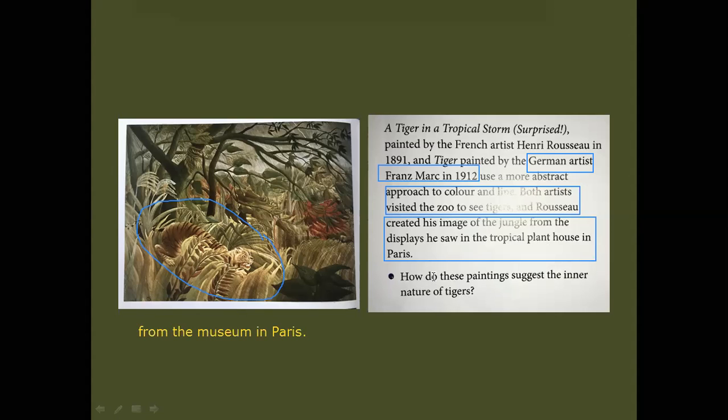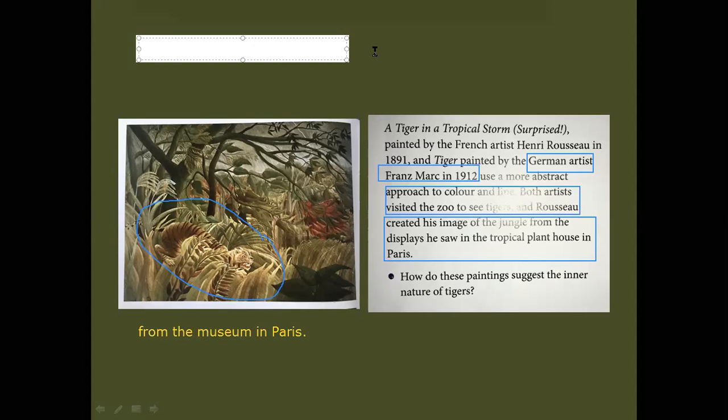So my question is, how do these paintings suggest the inner nature of tigers? That means natural behavior while they are in nature. How could you express that, and based on what? The tiger is feeling like this.